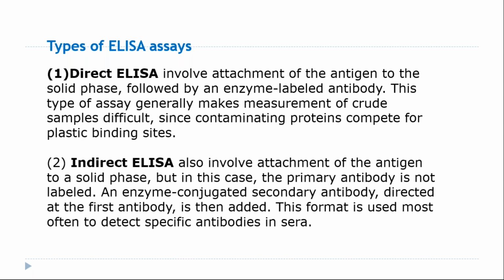If you see a reaction, then the antigen is present and you can quantitate it. In indirect ELISA, we use 2 antibodies, one primary antibody and a secondary conjugated antibody, which is bound to an enzyme. And the enzyme will react with the substrate to produce a color which can easily be visualized.